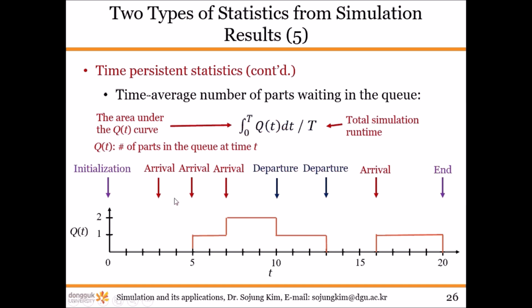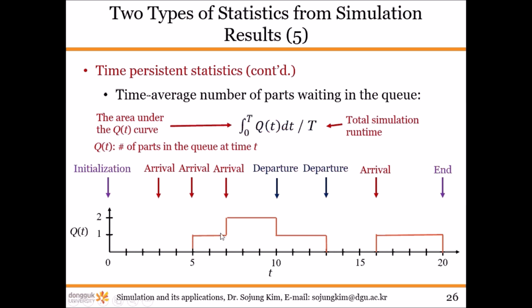The first entity arrived at the system at 3 minutes, but initially the server is empty, so there was no entity in the queue. The second entity arrived at time 5, however the one server is already reserved by the first entity, so the second entity has to stay in the queue.